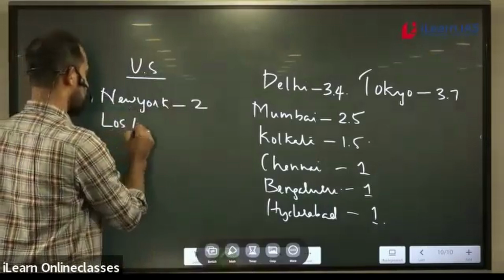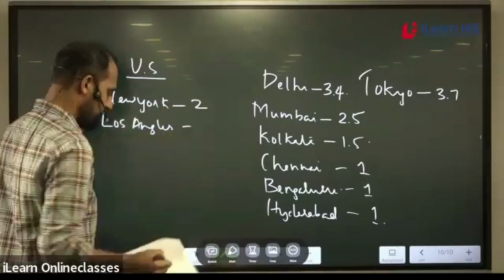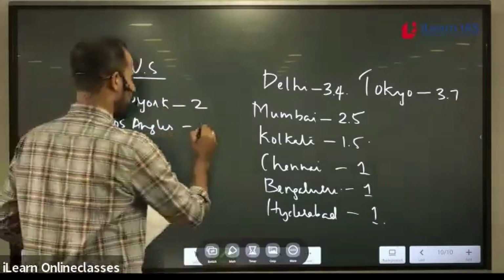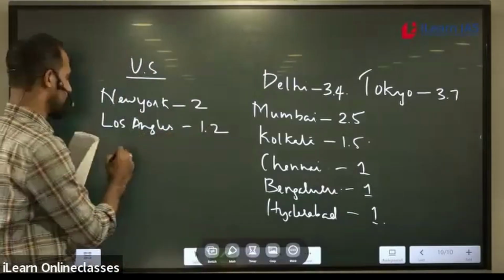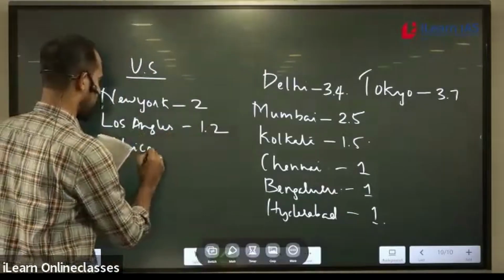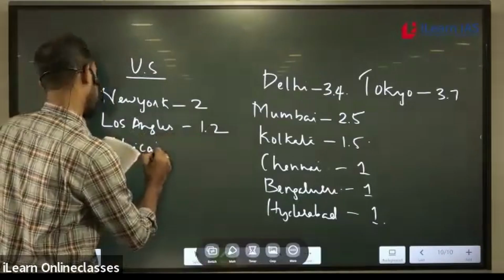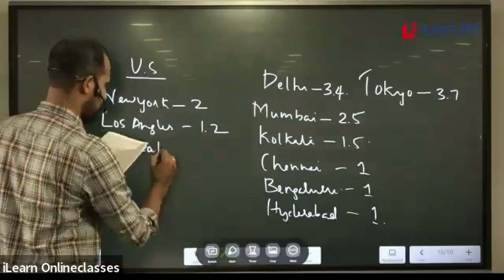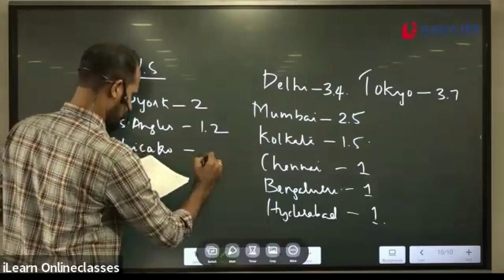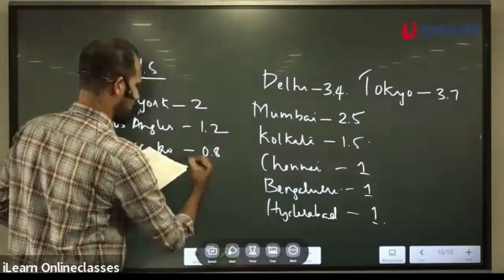Los Angeles. Los Angeles has a population of around 1.2 crore. Third largest city of the US? Chicago. It has a population of around 80 lakhs.